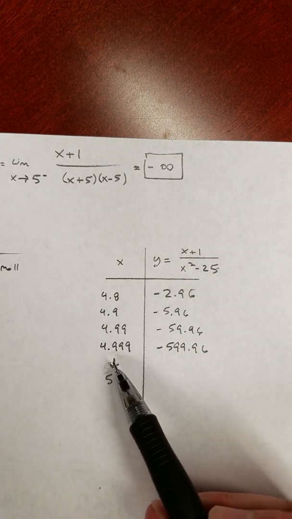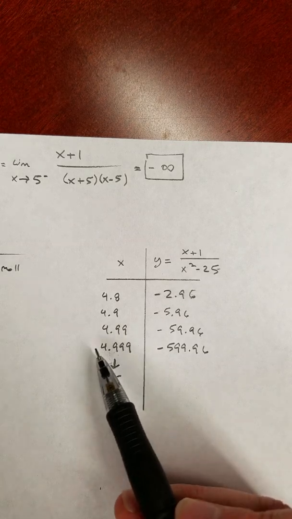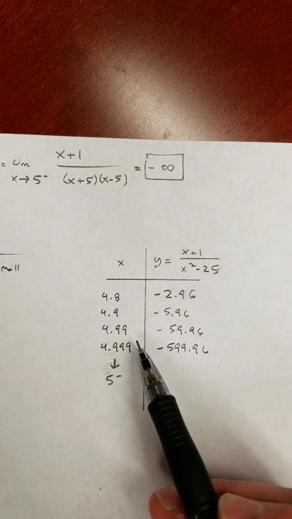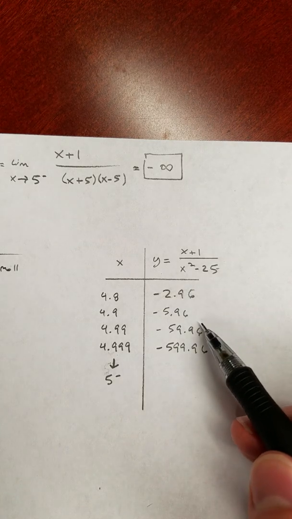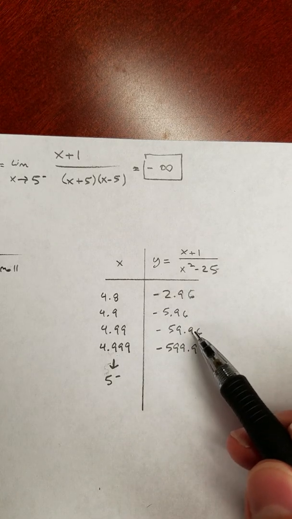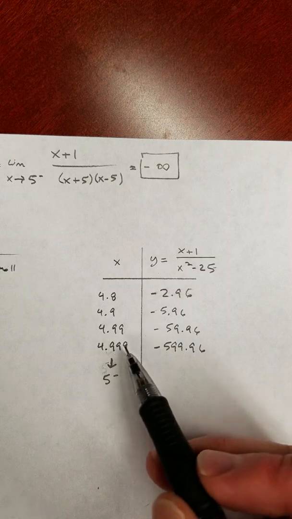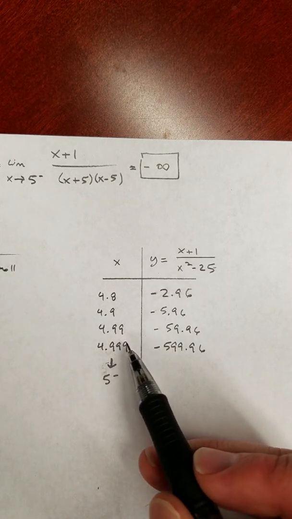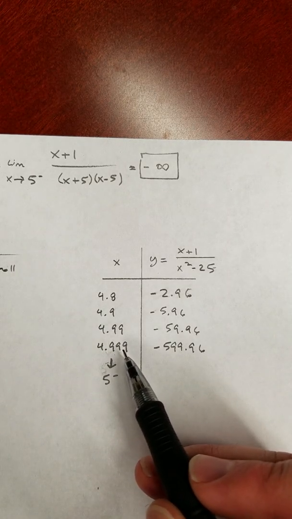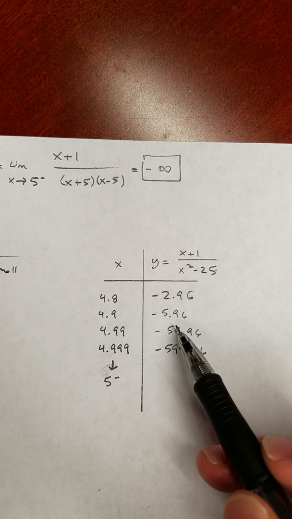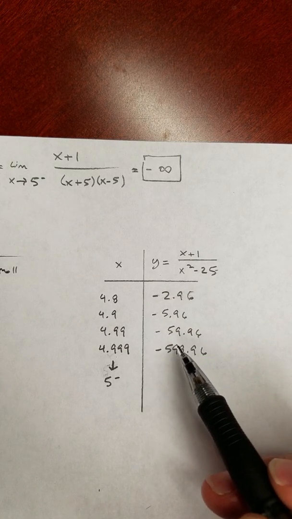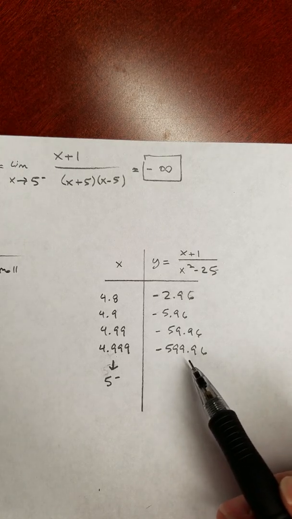But how close to 5 can you get? There's really no end to it. I can always put another 9. So if I wasn't comfortable with the pattern I was seeing, if I wasn't convinced of it, I can always go a little closer. So that's what I decided to do here. And look what happened. We got negative 2.9, then negative 5.9, then negative 59, then negative 599.